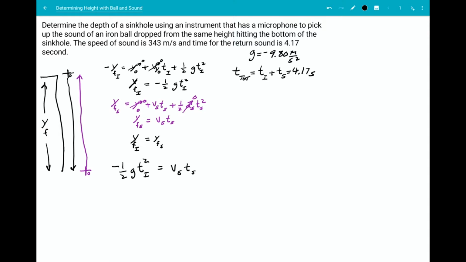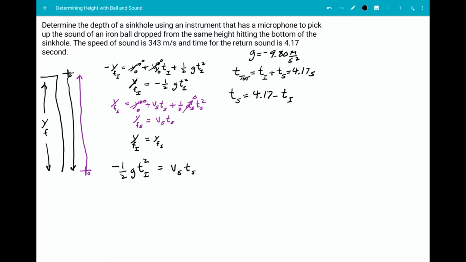Well, with that knowledge, what we can do is solve for either t iron or t sound. I would solve for the t sound because t iron is going to square up everything. It's going to make it longer and a little harder to solve for. So t sound equals 4.17 minus t i. Now, I'm not going to use units because it's just going to confuse everything. I'm going to plug that in, so I'm going to rewrite this over here.